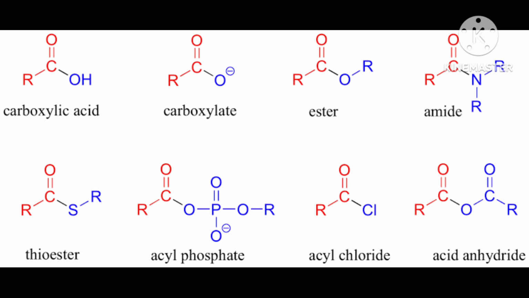Then including the carbon of CO, 3 carbons means propane, and the naming will be 1-phenylpropan-1-one, because the CO group is at carbon number 1 and numbering started from there.